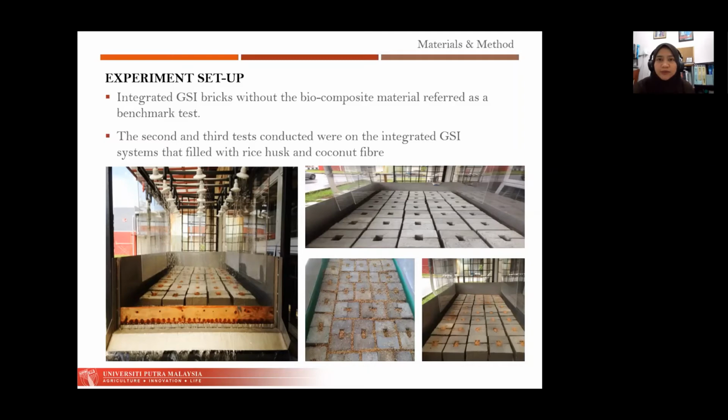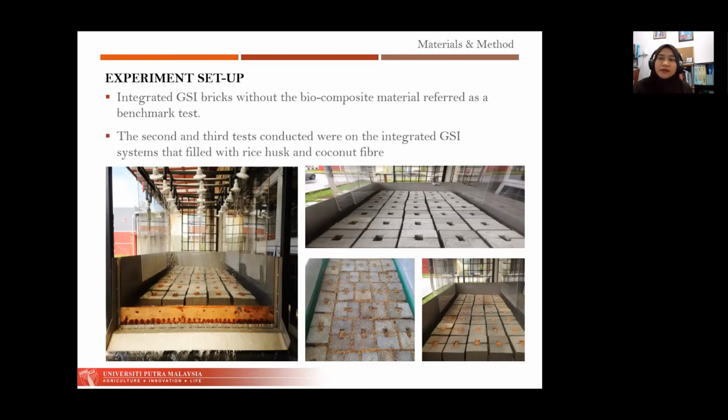This equipment mainly consists of 3 parts. The first is the tank. Second is a pump and rainfall simulator, and another part is the bench, measuring 2 by 1 meter in length and width.